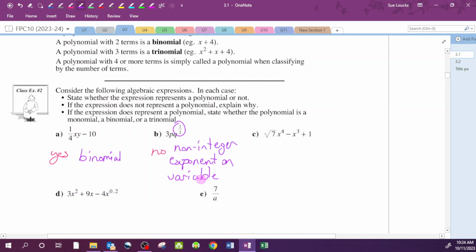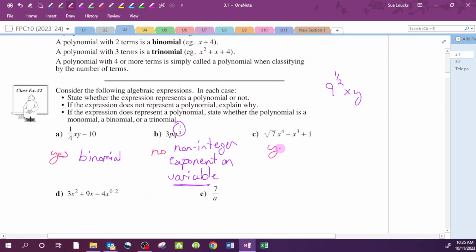Now, it's really important that that's on the variable, because if I had, for example, 9 to the 1/2 x, y, that is a polynomial, because 9 to the 1/2 actually just means 3, which you'll do next year, but we only care about the exponents on the variables, okay?